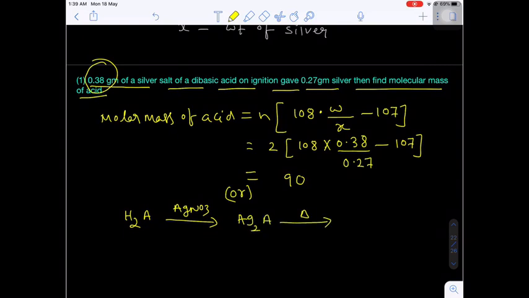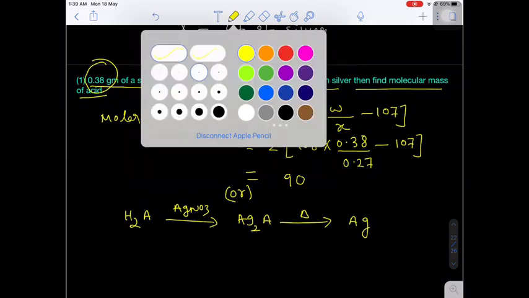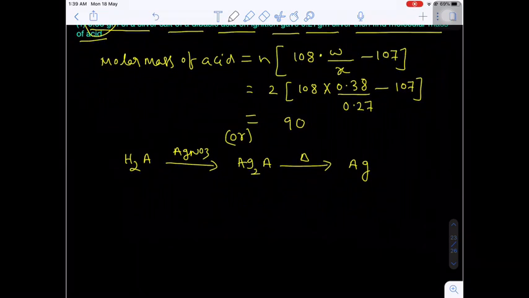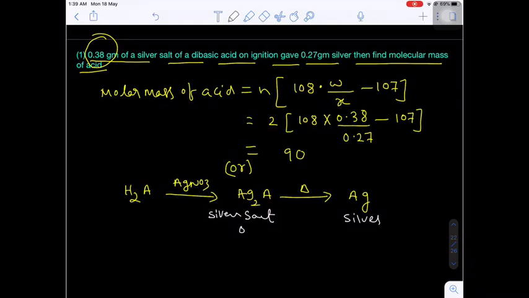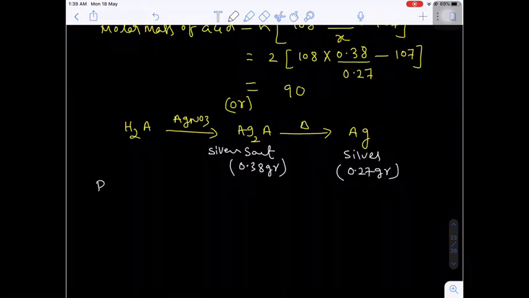Upon strong heating we are getting silver. By simply applying POAC: this is the silver salt, this is the silver. What is the weight of the silver salt? 0.38 grams. What is the weight of the silver obtained? 0.27. Apply POAC.